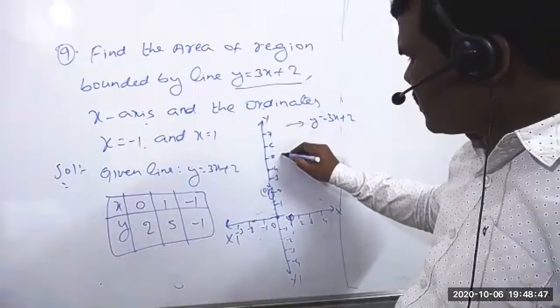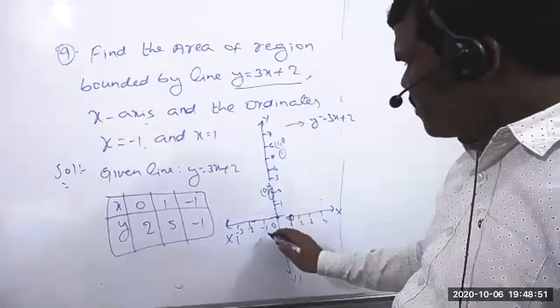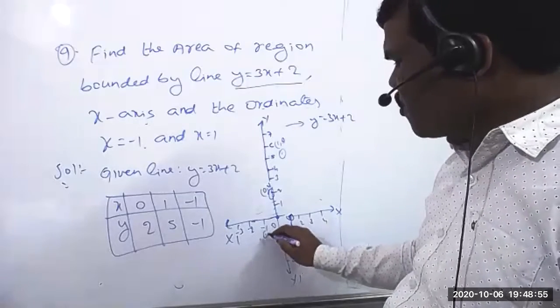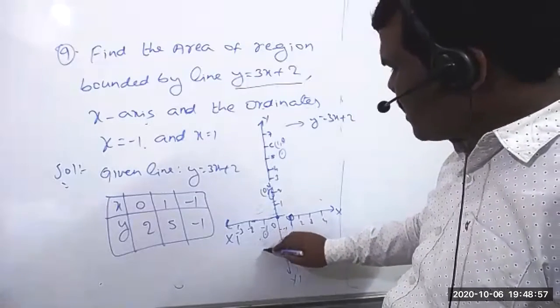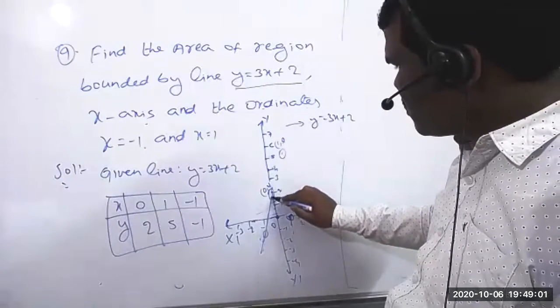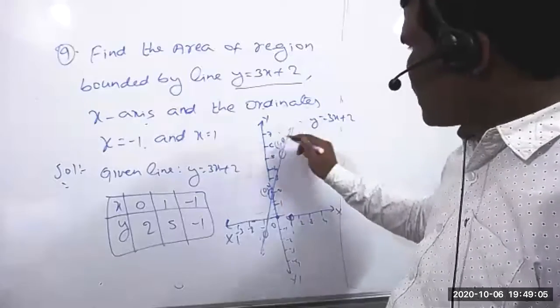Clearly, we got the point here. One more thing, -1, -1. So -1, -1 is the point here. You can draw this line straight now. Yes, this is the line.